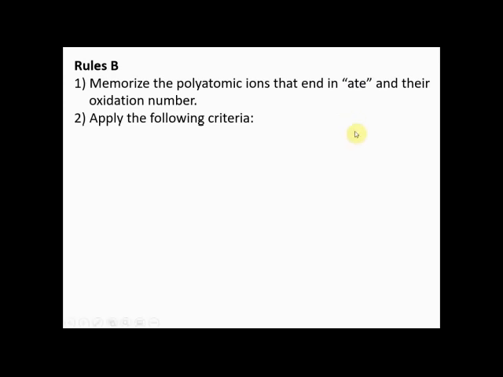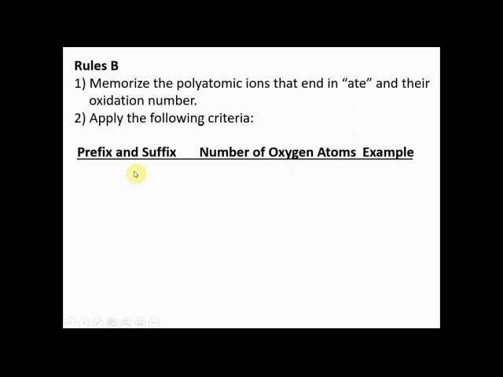They all kind of behave the same way. I don't have all of the versions on there, but you could easily figure that out if you apply the following criteria. So the -ate suffix is kind of the normal one.